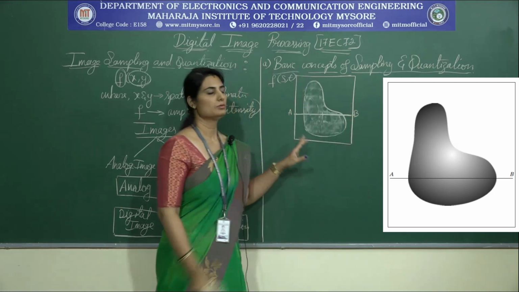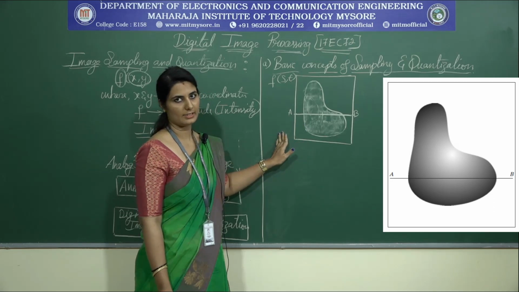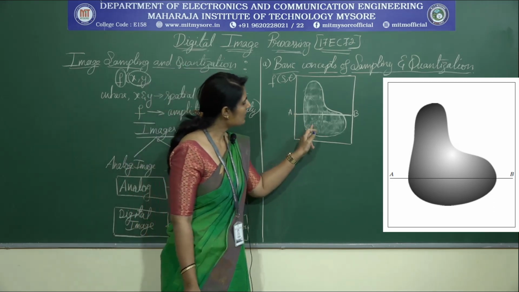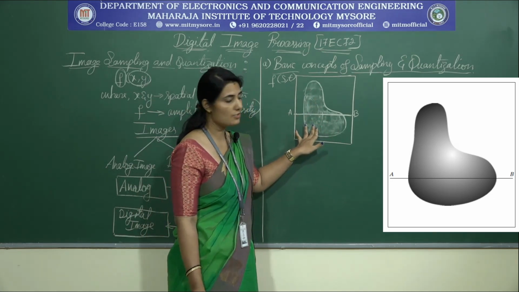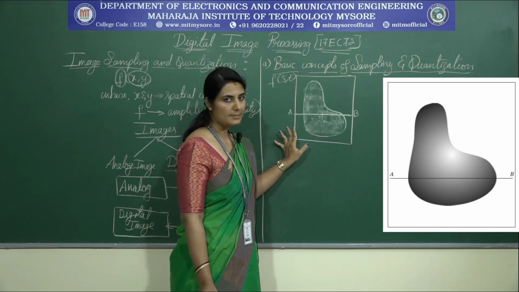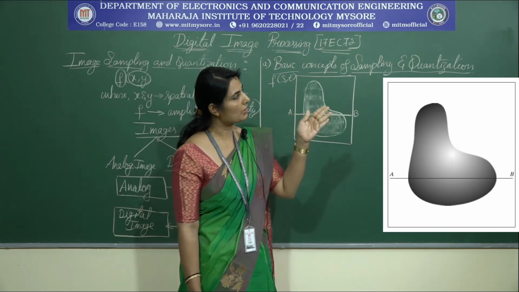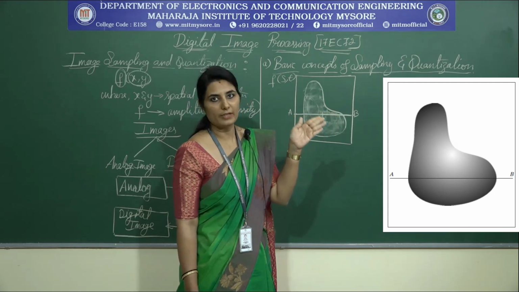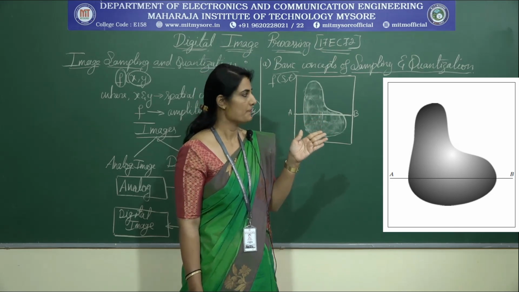It is very difficult to show the intensity variations of this object on the blackboard, so look at this image. Here you can notice that the intensity levels within the object vary. This is the continuous image which I have considered.